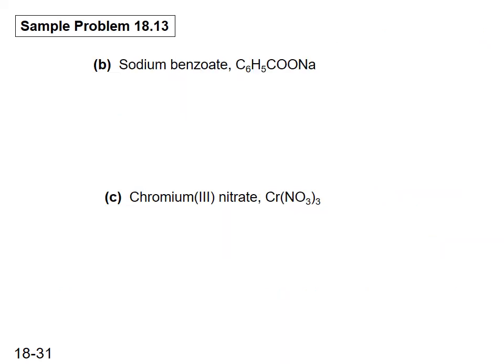In B, the salt has a cation, sodium, which comes from sodium hydroxide, a strong base. And if you recognize COO, the anion comes from a weak organic acid. So the acid should be C6H5COOH, that's a carboxylic acid. In fact, this is called benzoic acid.